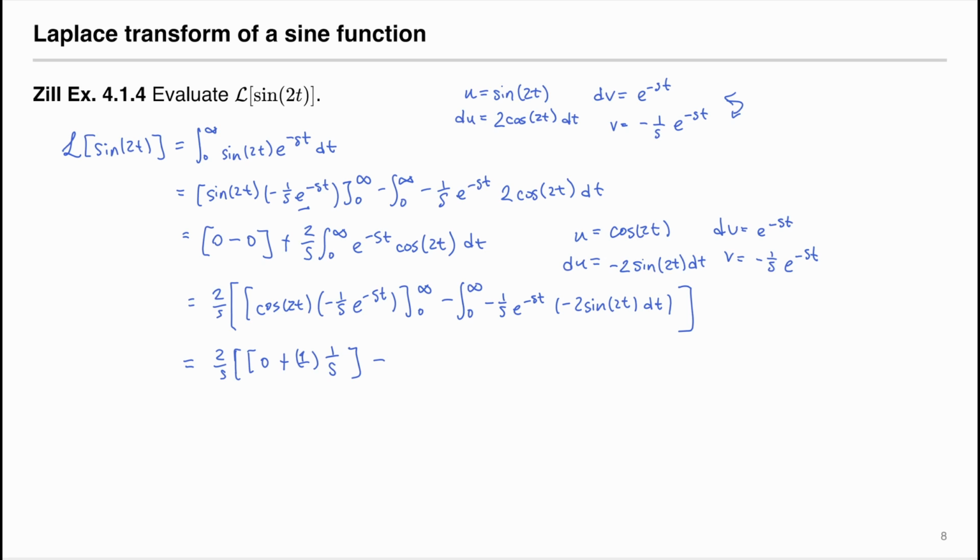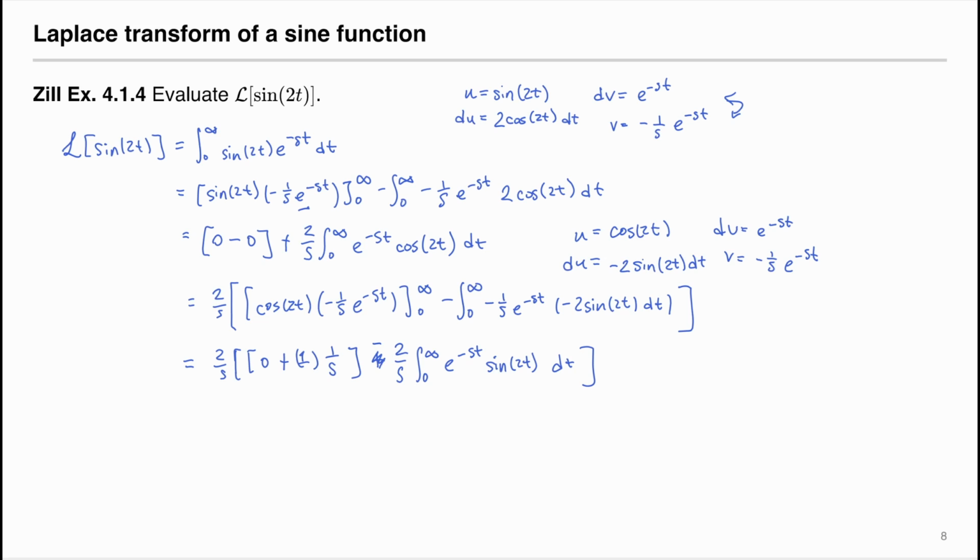Then minus the integral of minus 1 plus 1 over s, and there is another minus, so that becomes a minus 2 e to the negative st sine of 2t dt, bracket.